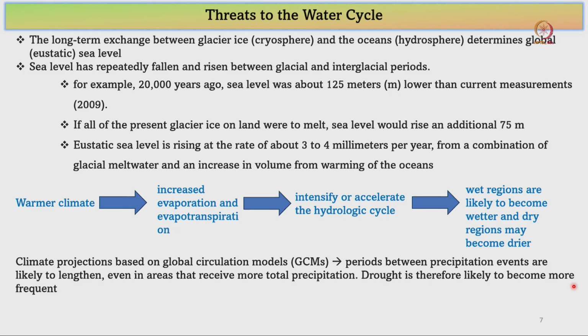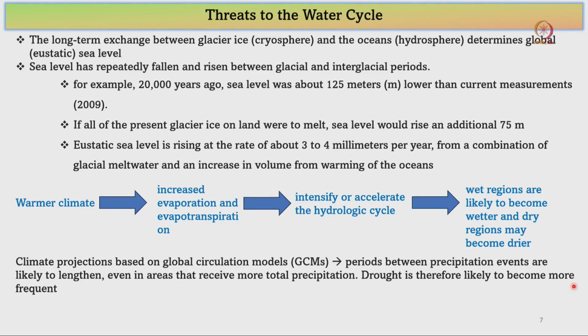Most of the time we see certain extreme events: cloudburst events, landslides, floods, or otherwise droughts in other places where it is getting very dry, desertification, and loss of life.